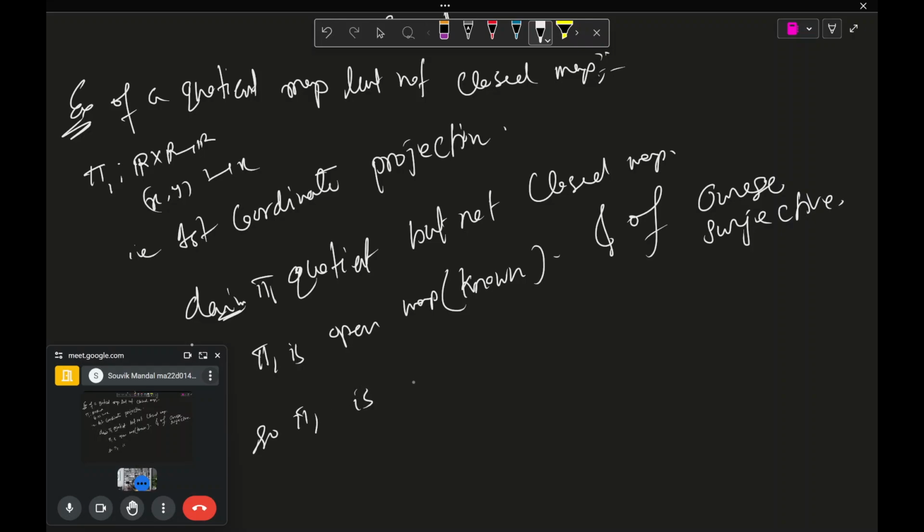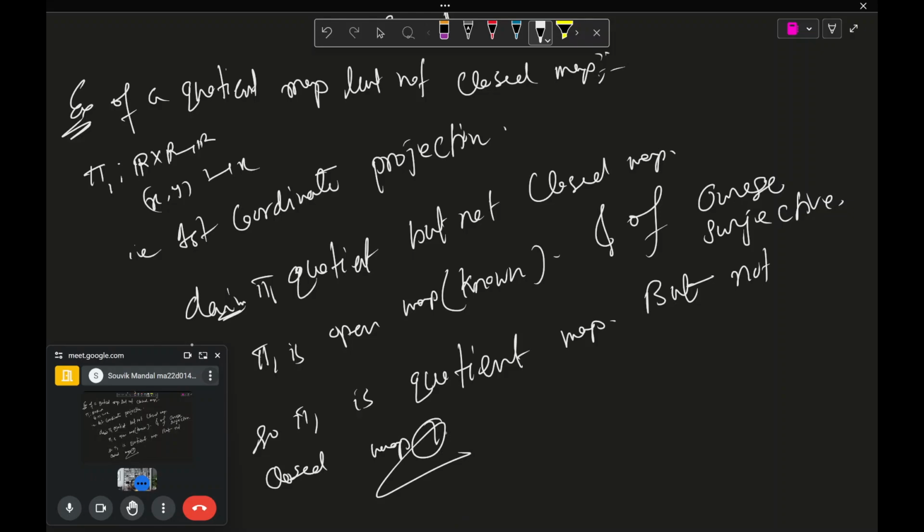So pi 1 is a quotient map. But it is not closed.